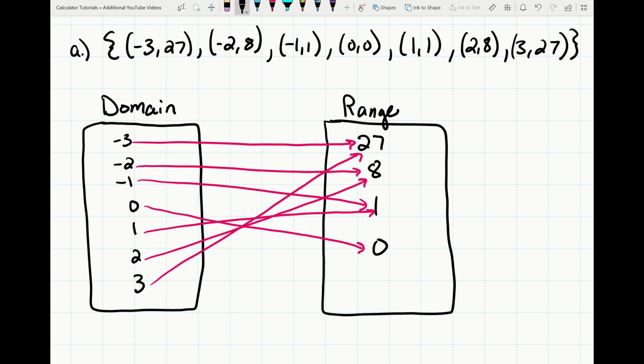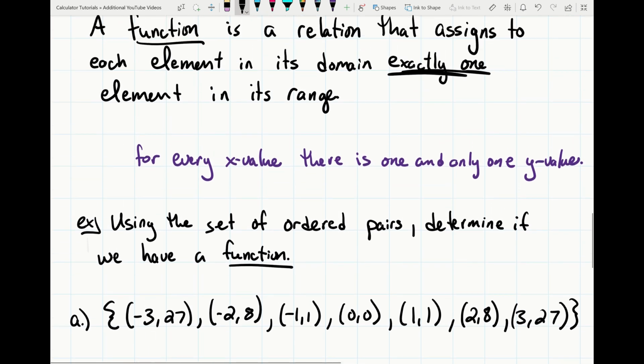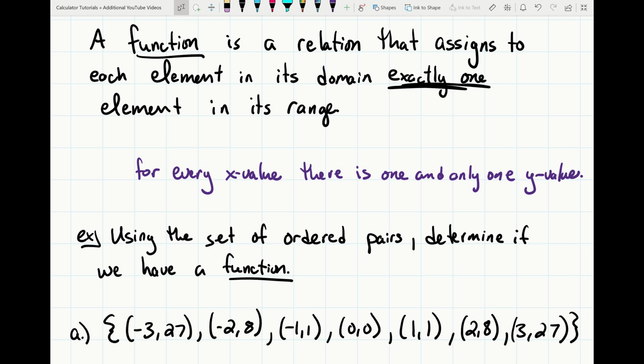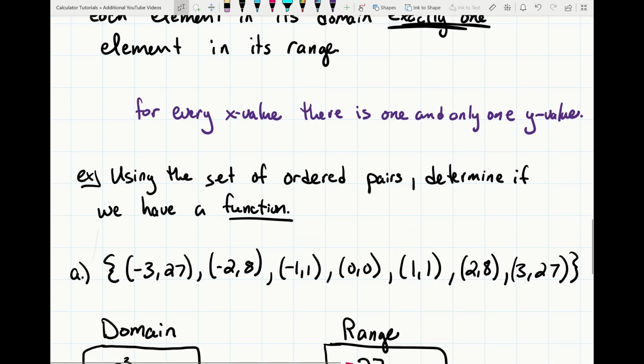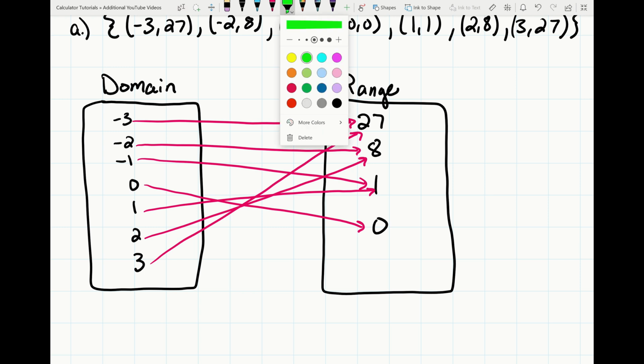Now, if we go back and think about our definition, a function is a relation that assigns to each element in its domain, so one element, one x value, exactly one element in its range, or exactly one y value. As I move down, I'm going to highlight in green.